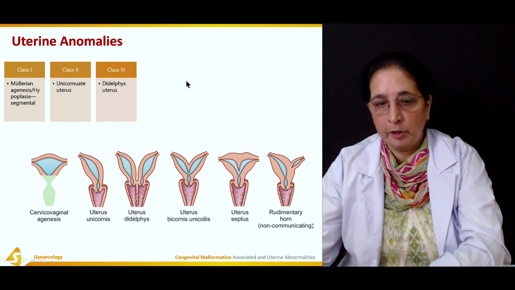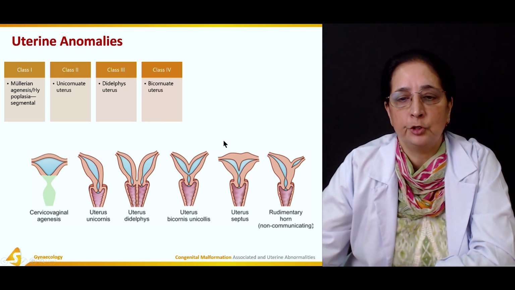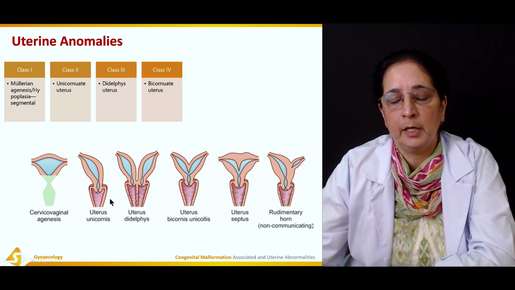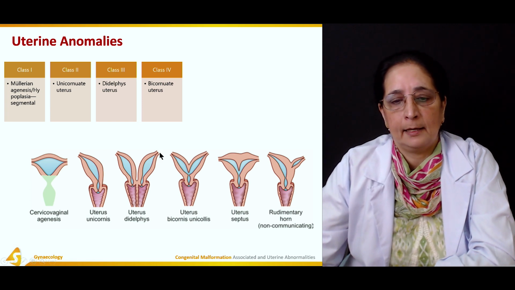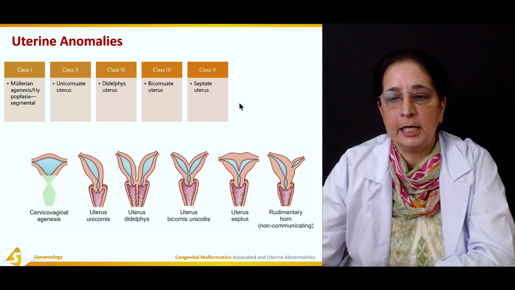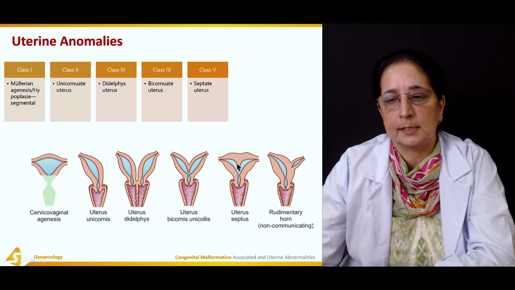And then in the fourth class, there is bicornuate uterus. The uterus has two cornua, like the unicornuate, but they are combined together, not like didelphys. In class 5, we have septate uterus. This is the septate uterus, a septum in the uterus, uterus septus.